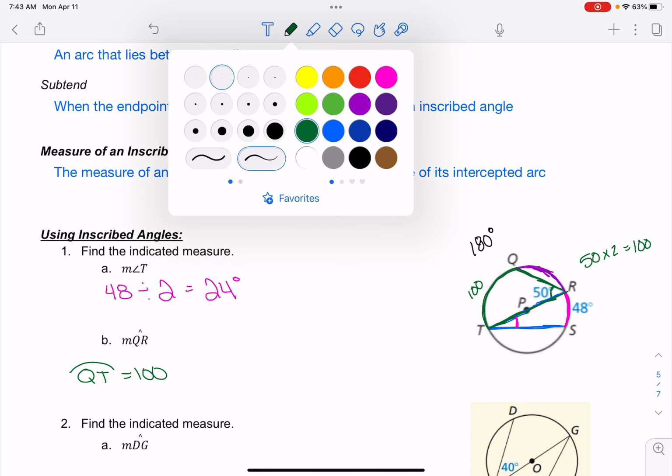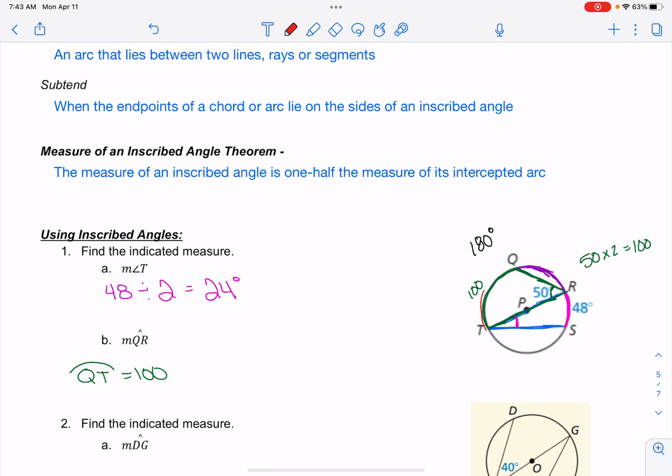And we know that this entire outside piece here has to be 180 because it's half a circle, right? Well, we have TQ, and the whole question is asking us to find QR. So to find that, we would just do 180 minus 100, which gives us 80 degrees.